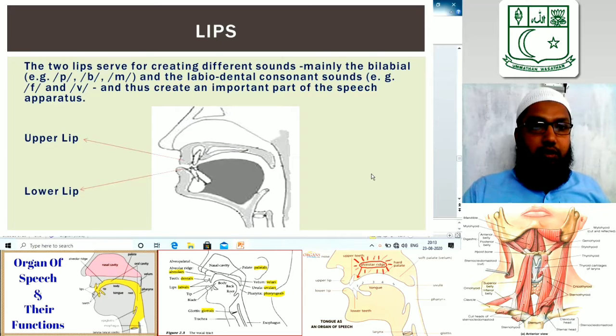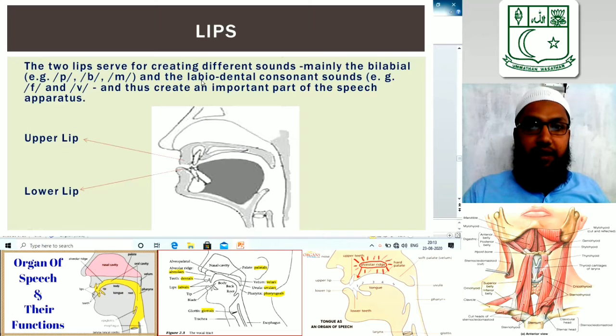The two lips serve for creating different sounds, mainly the bilabial. Bilabial means both the lips act to produce consonant sounds like pa, ba, ma, va. With the help of two lips, these bilabial sounds are produced.